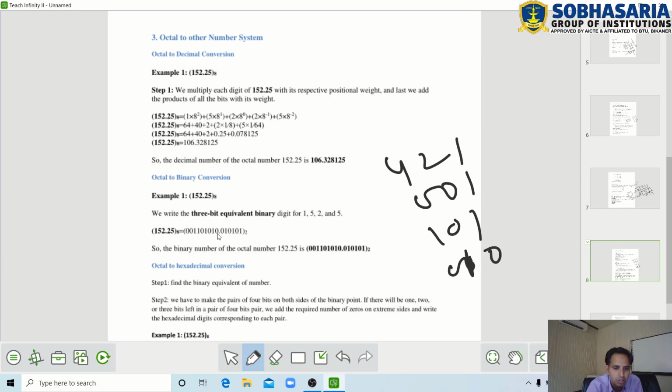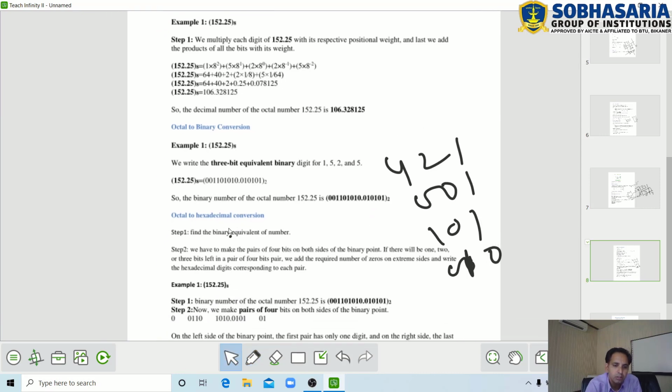Again 2 is 010, and 5 is 101. The corresponding value of this binary number is the same as before for the binary. If we want to convert back to binary, then the answer will be the same.